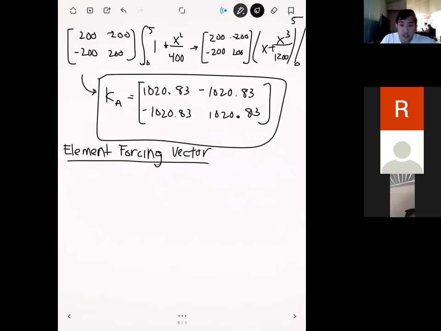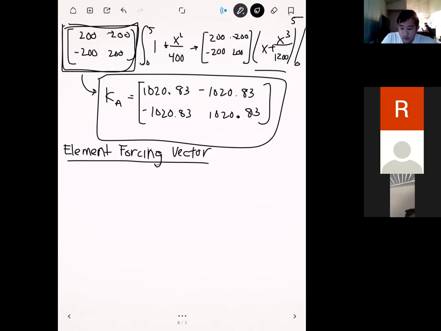All right, so the question is, why is there a matrix out of the integral? So basically that matrix comes from this matrix on the outside here, this 200, minus 200, minus 200, 200. And then once we evaluate this integral, you can think of it almost like a constant that we're multiplying out in front. After we perform the integral, we have x plus x cubed over 1200, and we evaluate this from 0 to 5.